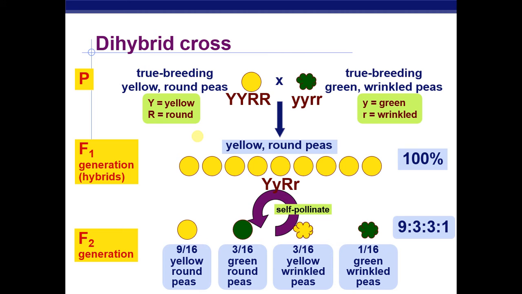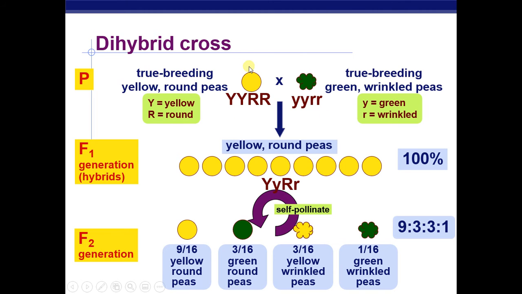We already looked at the monohybrid stuff, when he crossed white flowers with purple flowers. But this is how it might look with one of his experiments looking at two traits.